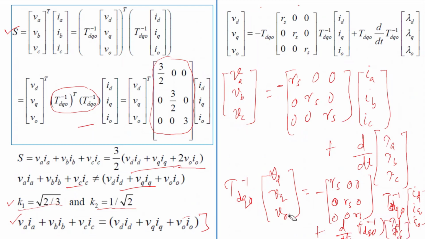Now if I multiply TDQO on both the left and right hand sides, I get this expression.